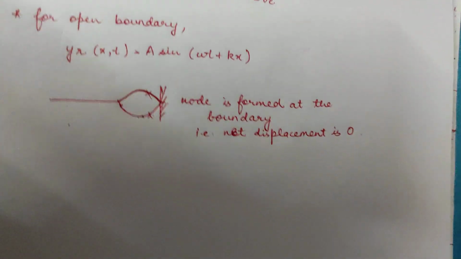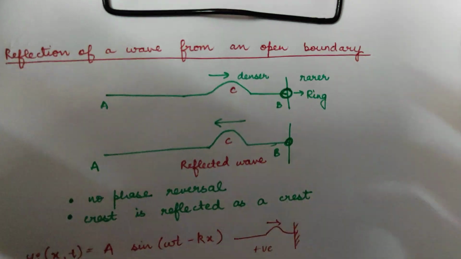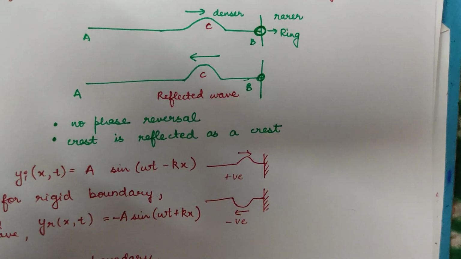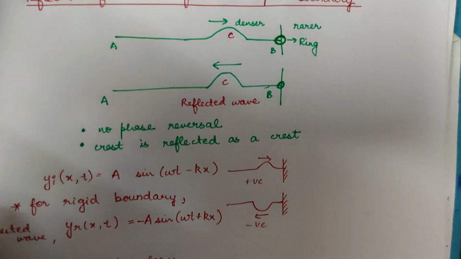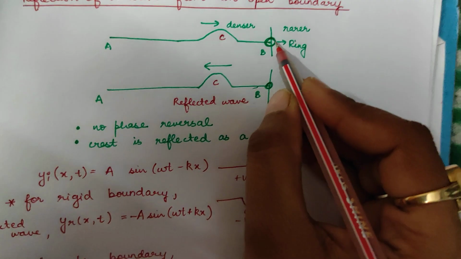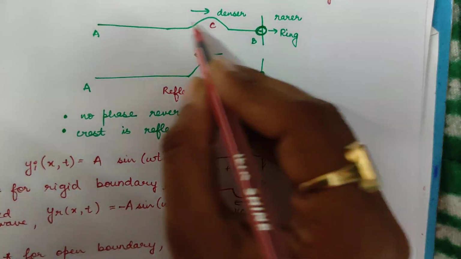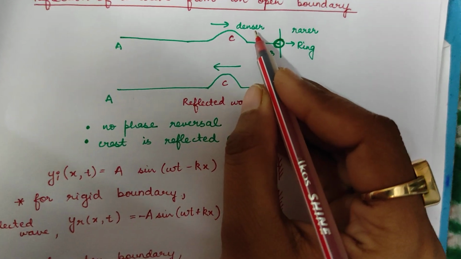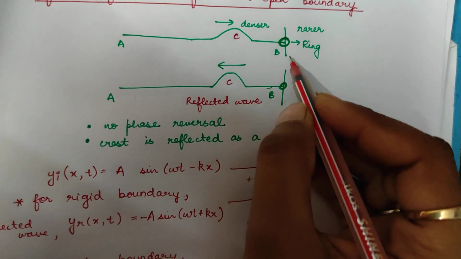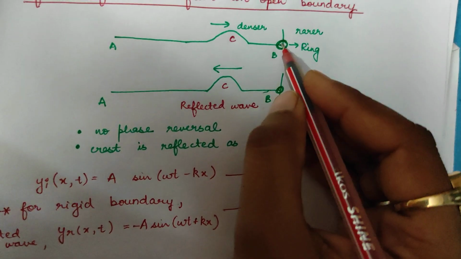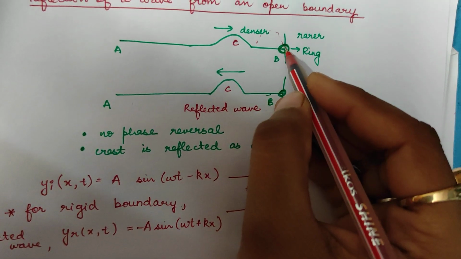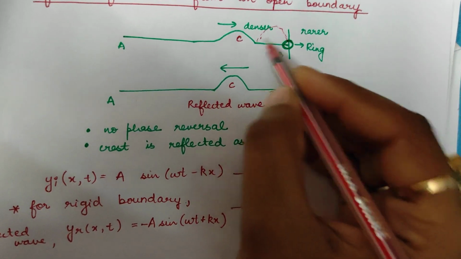Is it clear? Now if we consider the reflection from an open boundary, we can see that the incident and reflected pulses meet in the same phase. As you can see, once it is going across the positive x-axis, it will come here, hit the boundary, and from here only another pulse will start.